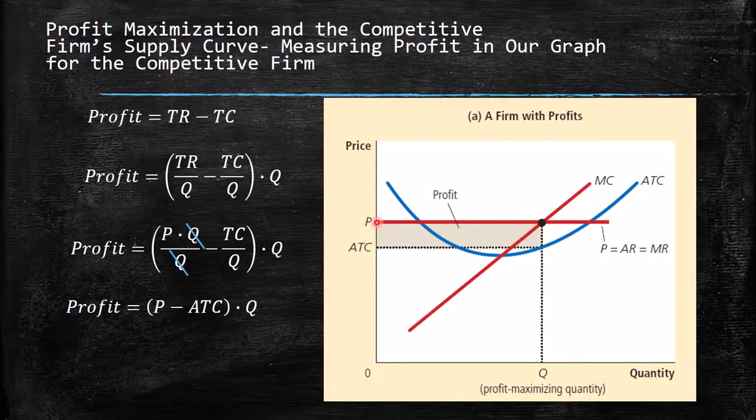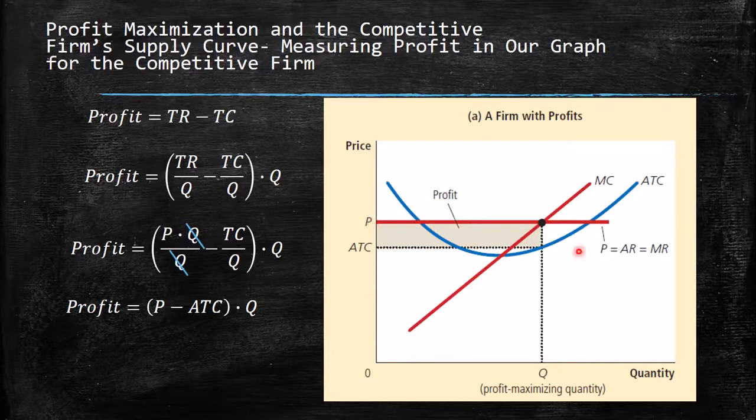Price minus ATC, the average total cost, is going to be the height of this rectangle, and the base of the rectangle is going to be the quantity sold. So this is automatically the profit of this firm.